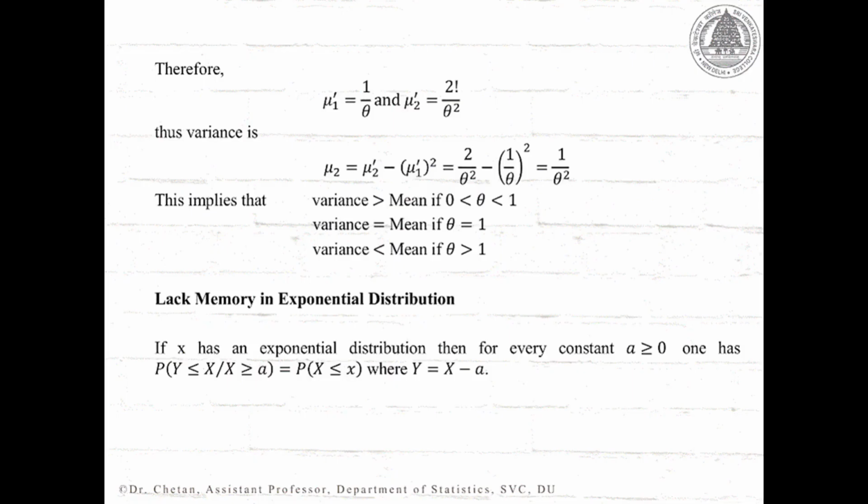If the random variable x has the exponential distribution, then for any constant a greater than or equal to 0, the probability that y is less than or equal to x, given x is greater than or equal to a, is equal to the probability of X less than or equal to small x.